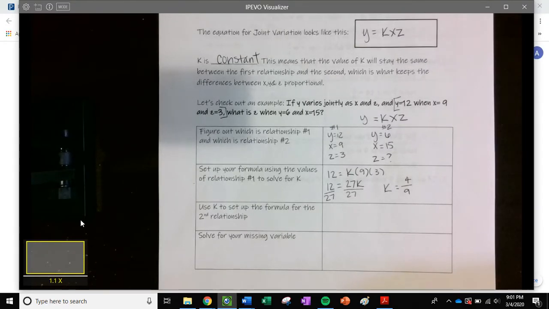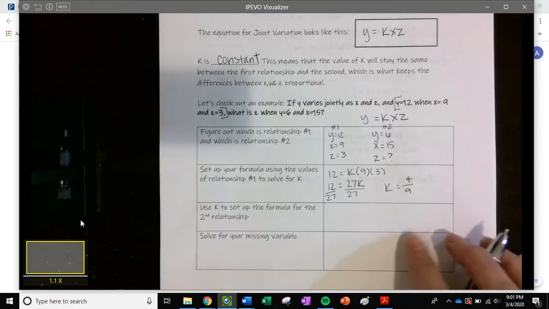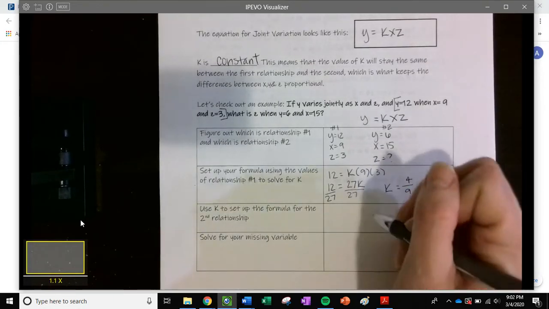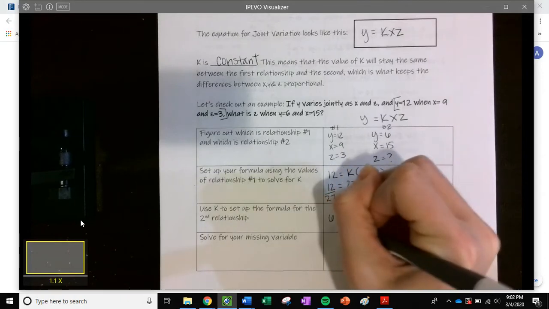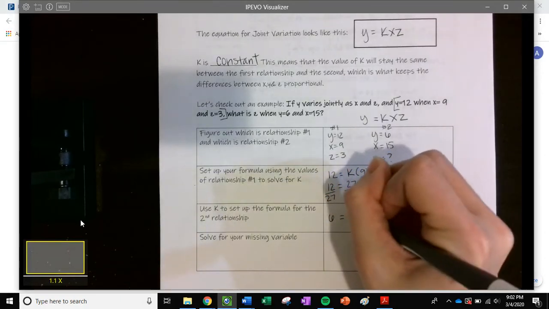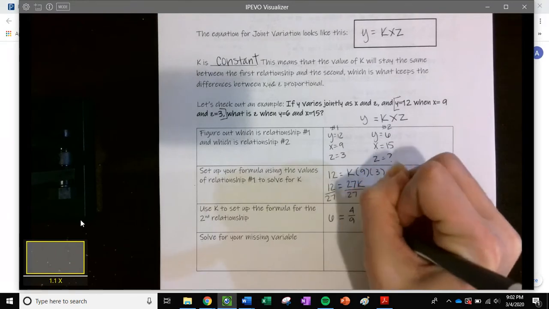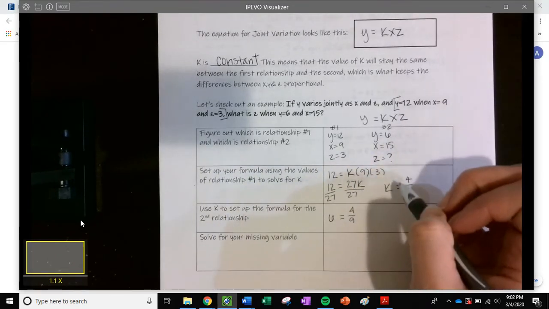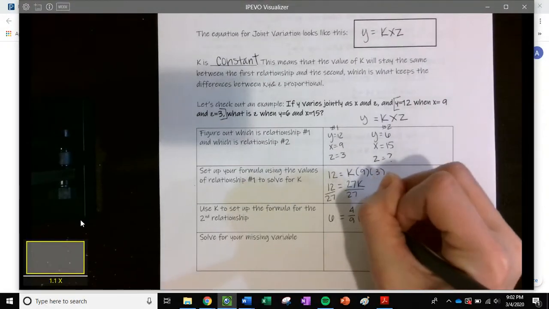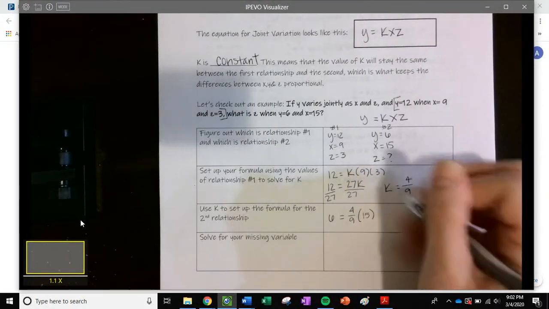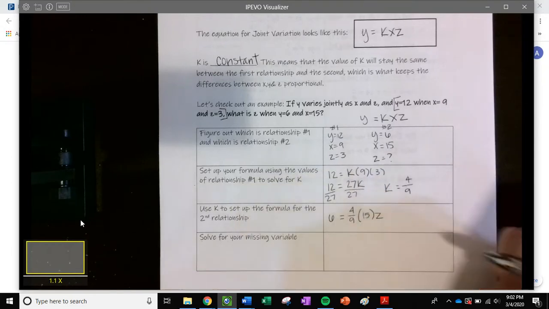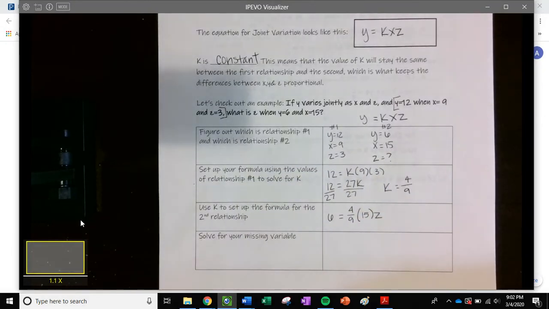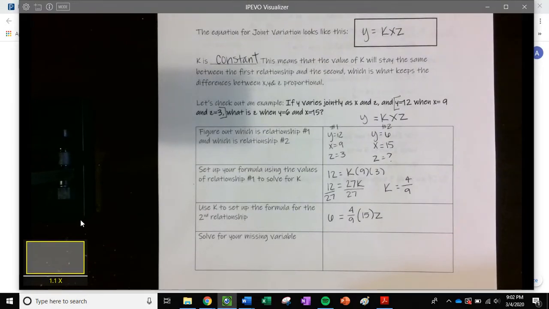Cool. All right, and now we're going to use that to set up the second formula. So y is 6, and I've got my k value of 4/9 times my x value of 15 and my unknown of z. So 4/9 times 15. What does that give us?